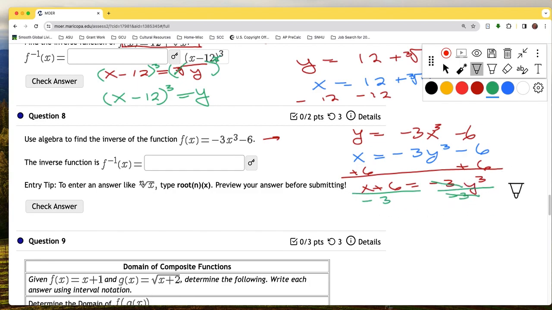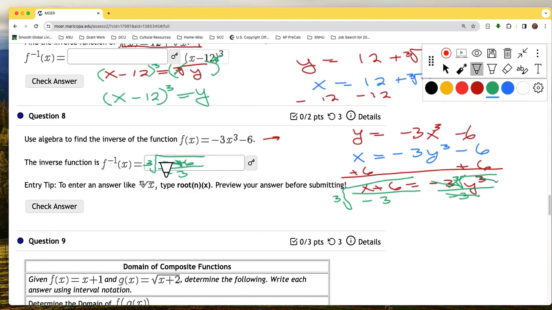What undoes a 3rd power is a cube root. Take the cube root of both sides. A cube root cancels out a cube, so this is what y equals, and that would go in here: cube root of x plus 6 over negative 3.